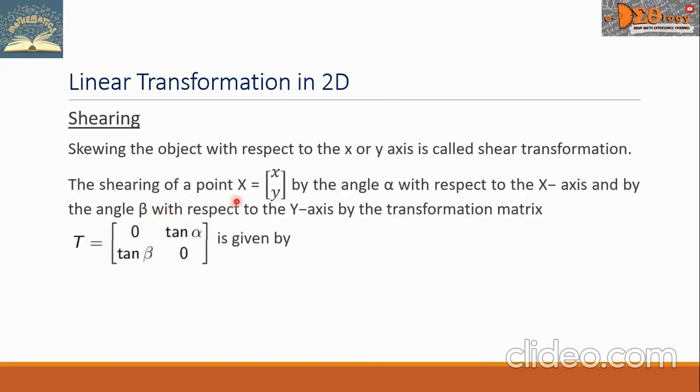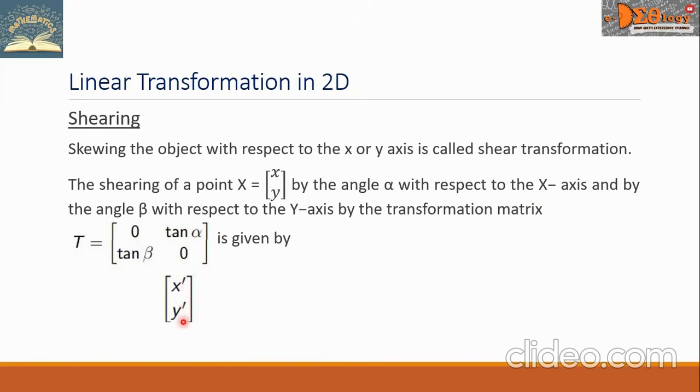The shearing of a point X equals the column matrix x y by the angle alpha with respect to the x-axis and by the angle beta with respect to the y-axis by the transformation matrix T equals the 2 by 2 matrix 0, tangent alpha, tangent beta, 0 is given by this new point.